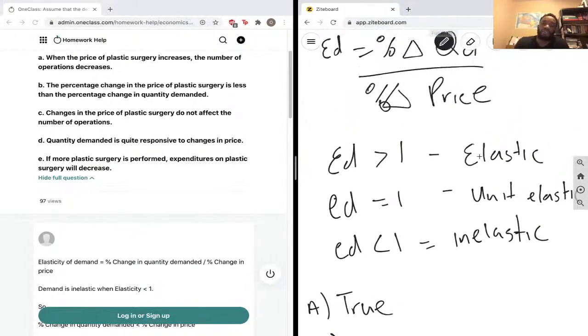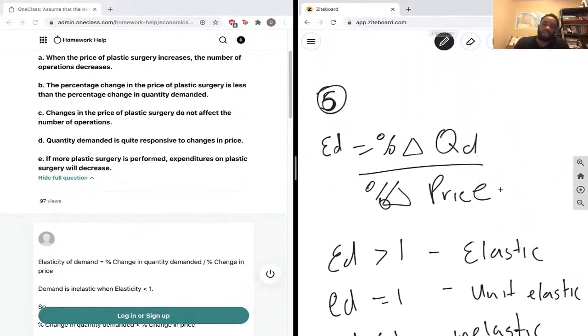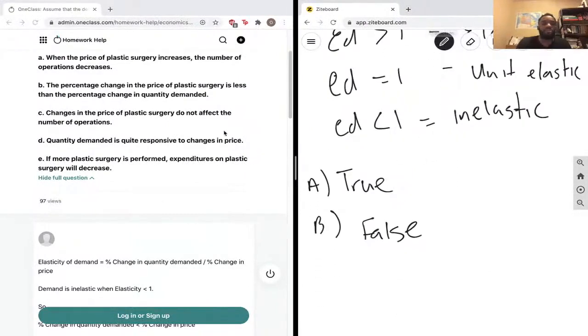If we just look at this equation right here, for this to equal less than 1, that means the change in price has to be bigger than the change in quantity demanded. And because of that, we know that the change in quantity demanded cannot be bigger than the change in price. So therefore, this is false.